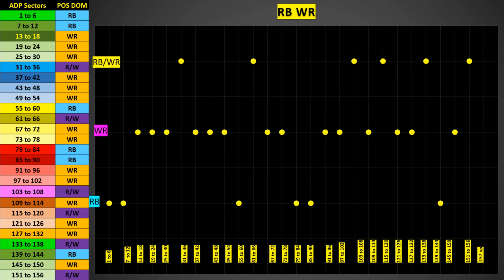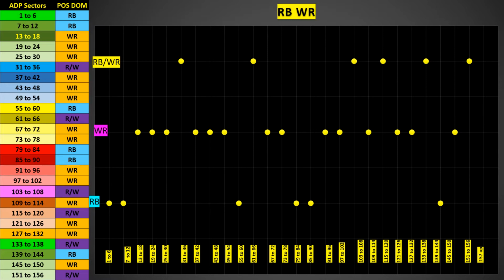I think part of that is the concern that in your draft you're missing out on something and you want to be balanced. I'm not sure balance is the way to go. You may have heard of zero RB, where people deliberately unbalance their early picks away from the running backs to wide receivers, quarterback, and tight ends.